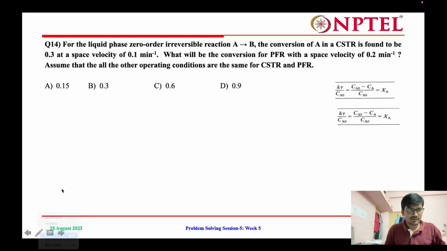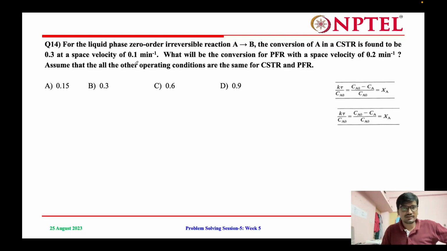Moving to question number 14. For a liquid phase zero order irreversible reaction A gives B, the conversion of A in a CSTR is found to be 0.3 at a space velocity of 0.1 minute inverse. What will be the conversion for the PFR with a space velocity of 0.2 minute inverse?